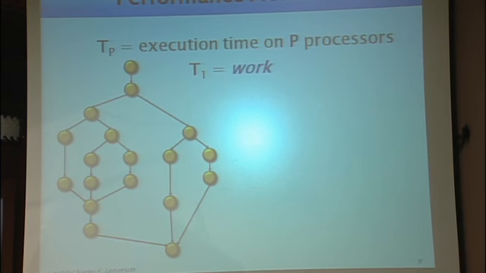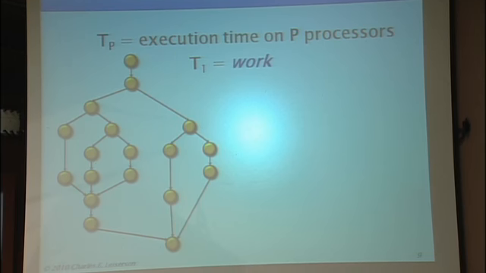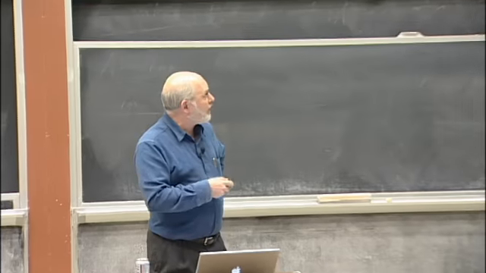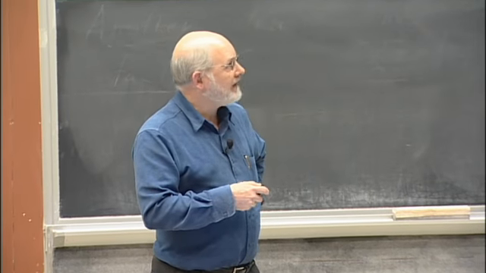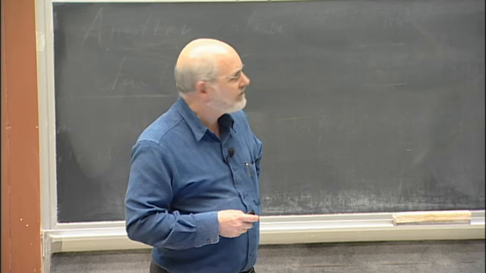In practice, they may be many instructions and so forth; we can take that into account separately. So T1 is the work. It's the time if I had to execute it on one processor; I've got to do all the work that's in here. So what's the work of this particular computation?